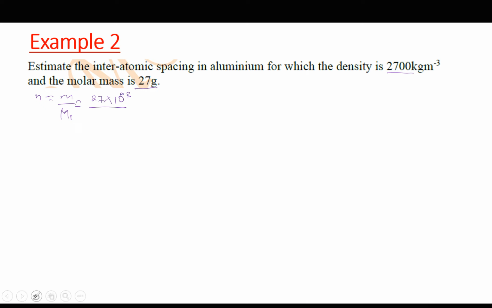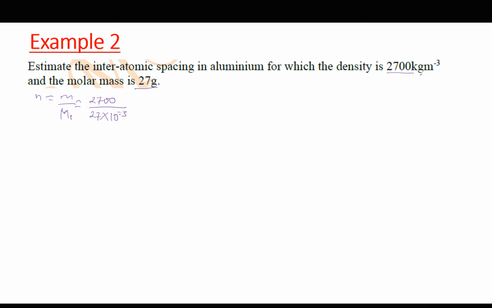Sorry, this is the molar mass actually, so the mass will be got from here. In 1 meter cubed, the mass is 2,700 kilograms. So this will be 2,700 kilograms divided by the molar mass, which is 27, to change it to kilograms, times 10 power negative 3. So that is going to be the number of moles.